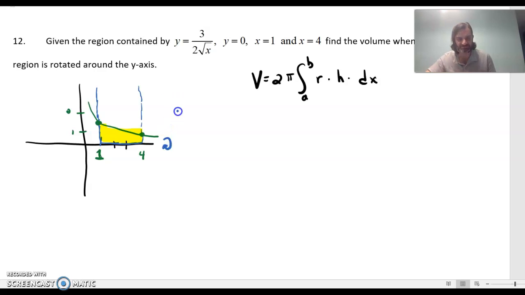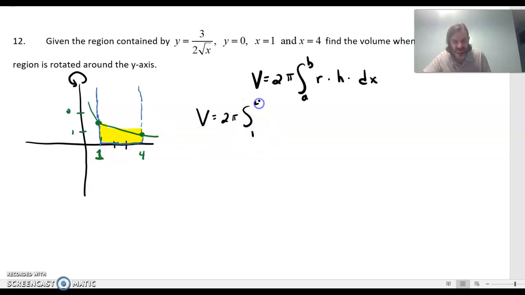We're going around the y-axis, sorry, getting too excited. So everything needs to be in terms of x. We've got the volume of 2 pi, and in terms of x, it's going to go from 1 to 4.